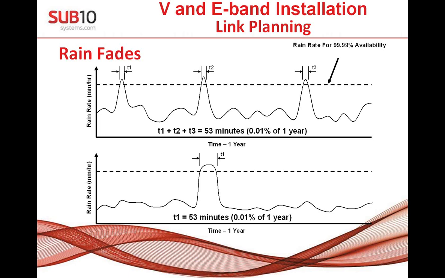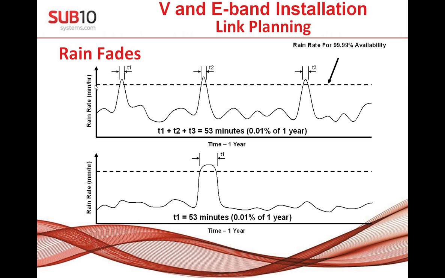It says that this rain level is higher, above this dashed line, only 53 minutes per year. And you have 2 examples: it can happen 3 times per year, but if I count T1 plus T2 plus T3, I am at 53 minutes or less. But next year it can happen that it's just in one period.